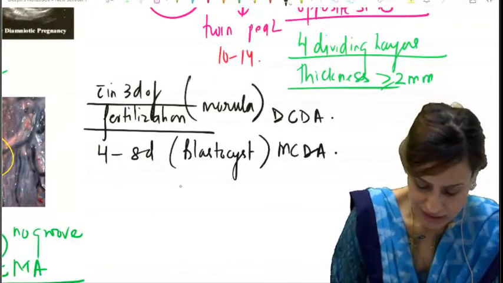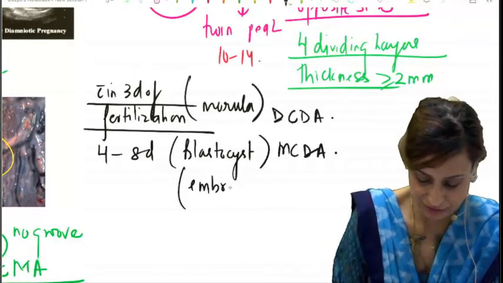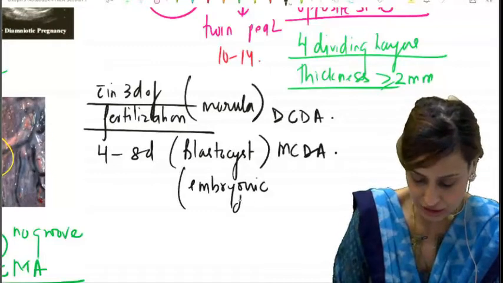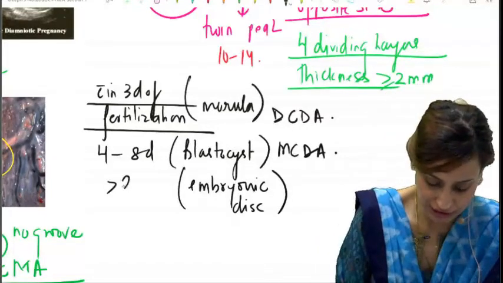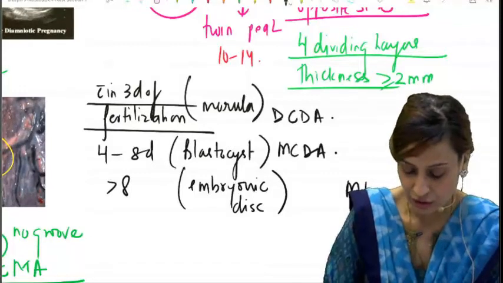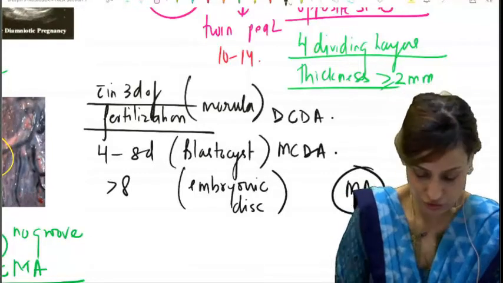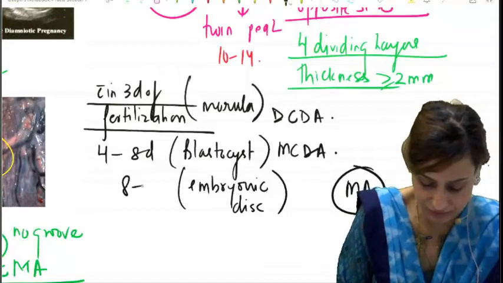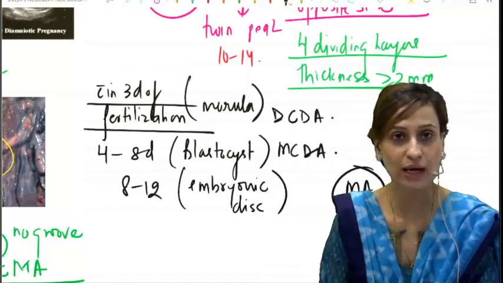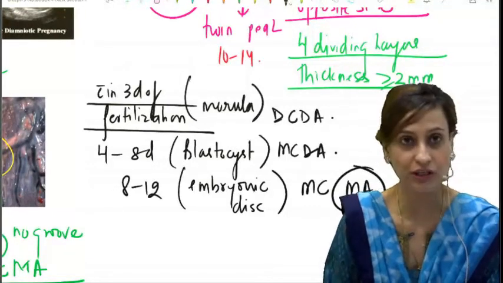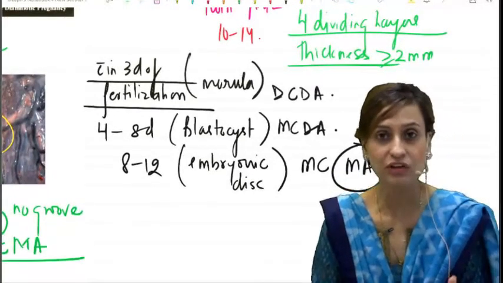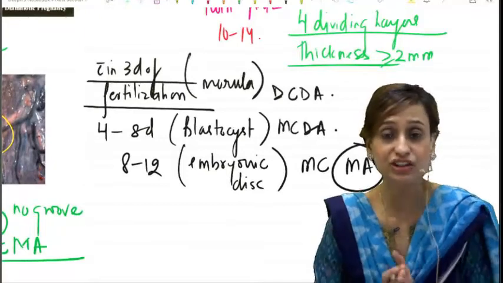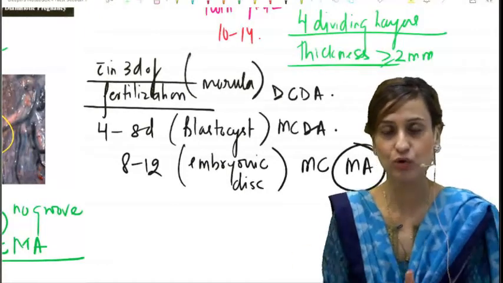Now, once the division takes place when the embryonic disc is formed, which is going to be beyond 8 days, then they are monoamniotic. So between 8 to 12 days, it's monoamniotic and naturally monochorionic. And when the division happens beyond the formation of the embryonic disc and the division is not complete, they are going to be joined at some point.